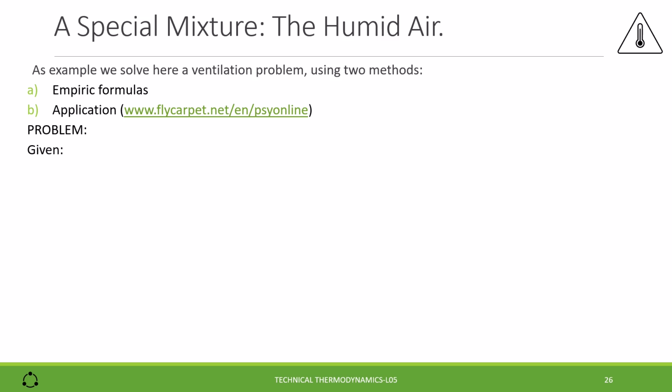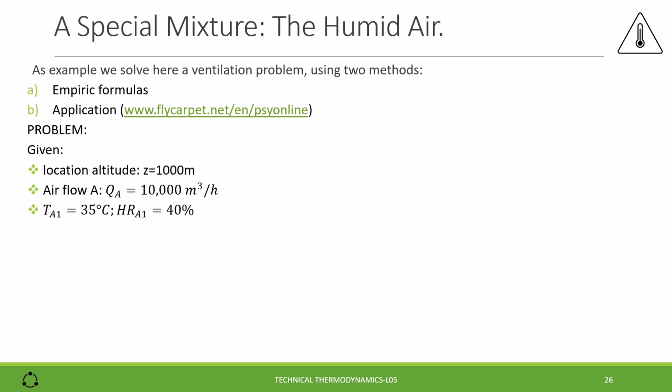The problem is, given a location altitude, for instance 1000 meters, and given the airflow of the stream A, 10,000 cubic meters per hour, its temperature 35 degrees and its relative humidity 40%, we need to cool this flow to 16 degrees and to 100% of relative humidity.